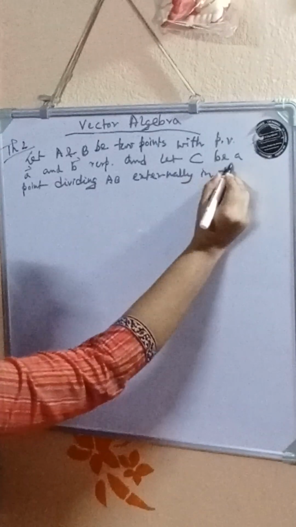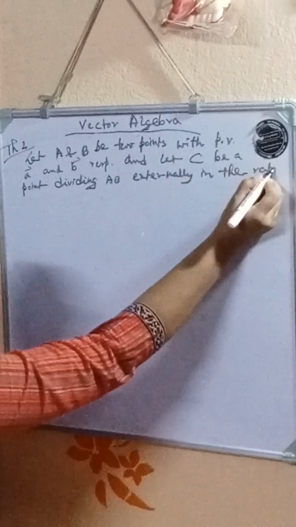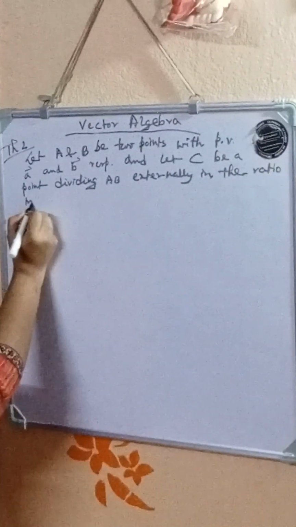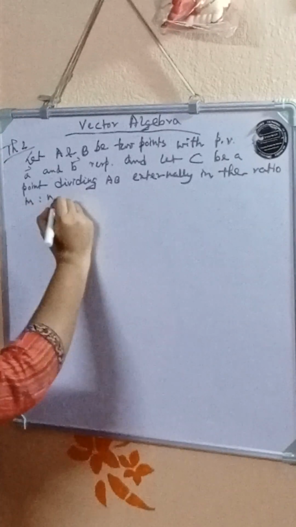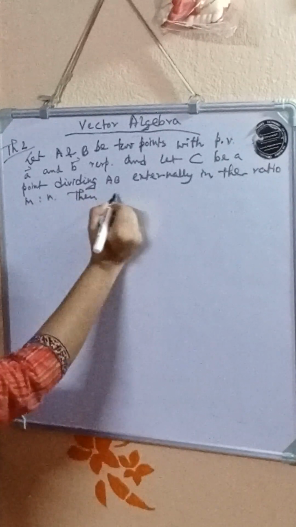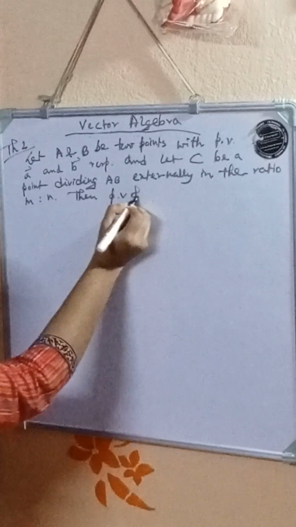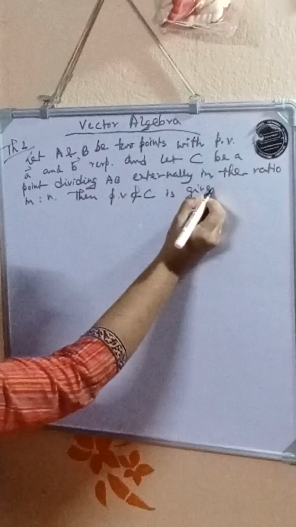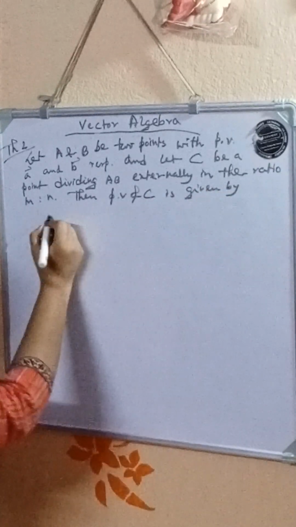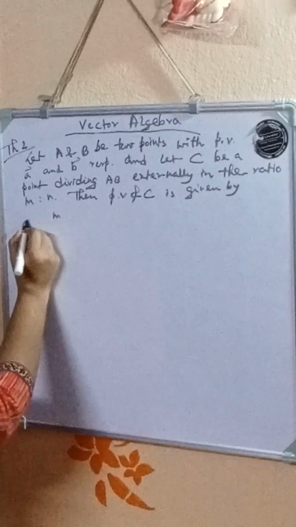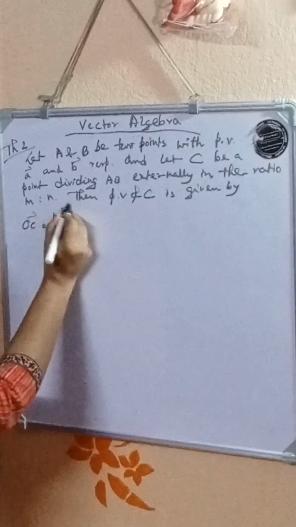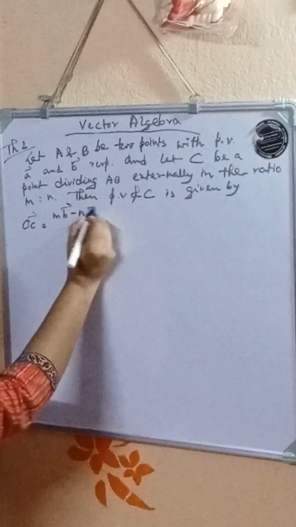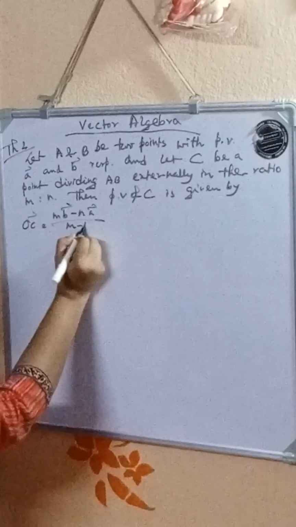Then the position vector of C is given by (m B vector minus n A vector) by (m minus n).